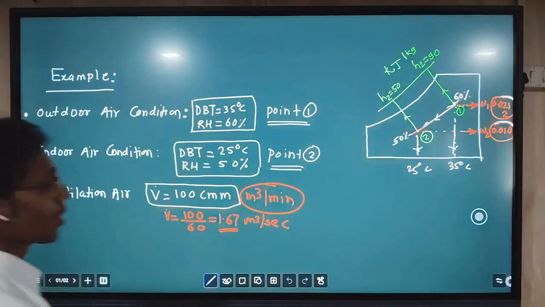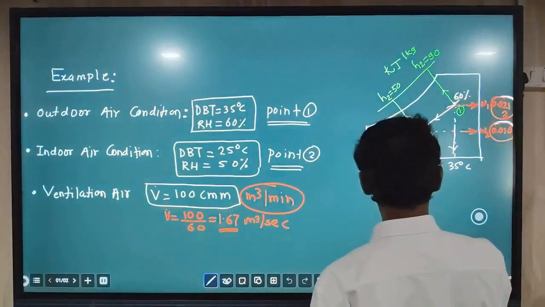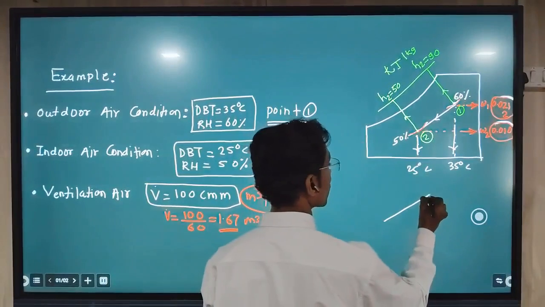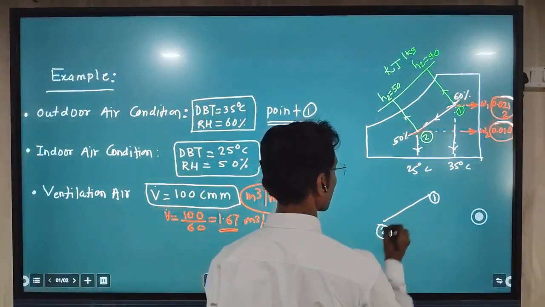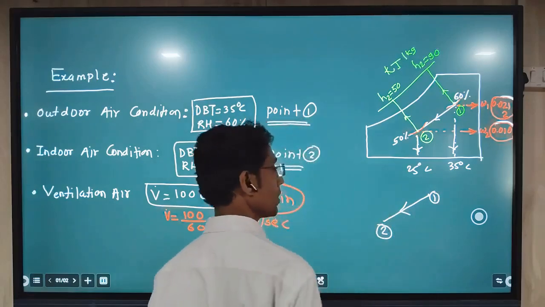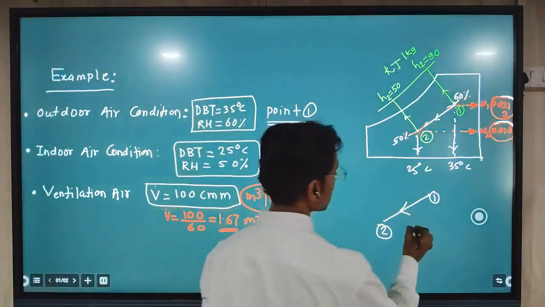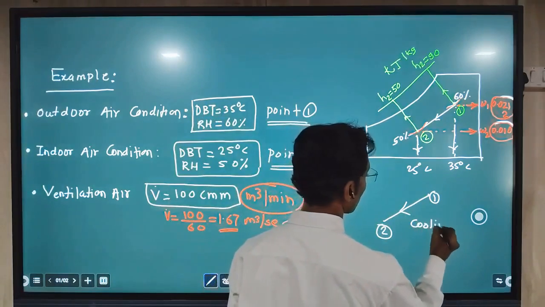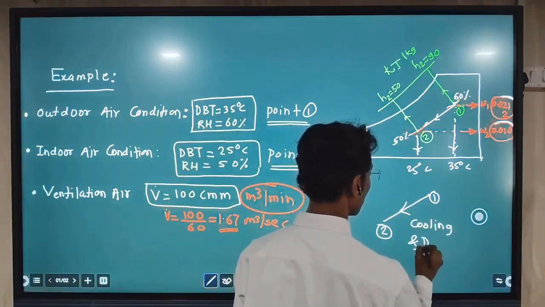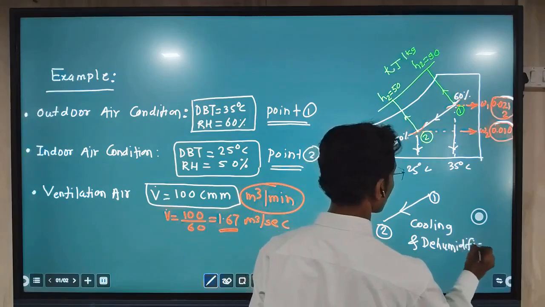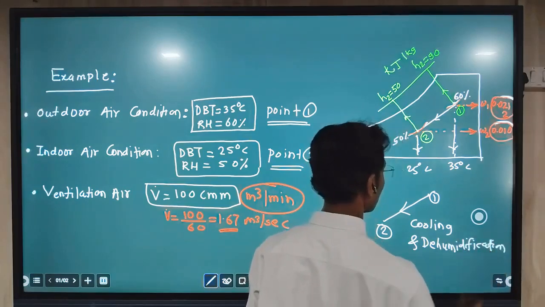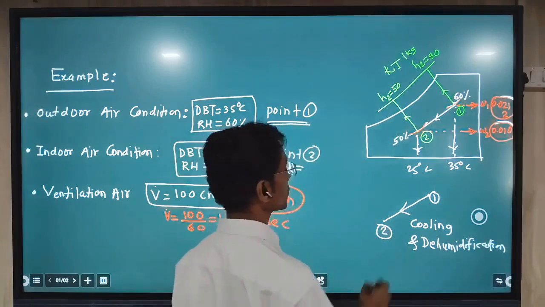Now the process taking place here between point number 1 and 2, what is this process? Cooling and dehumidification. Means there will be two calculations: the capacity of the cooling coil, and second, the amount of dehumidification carried out.